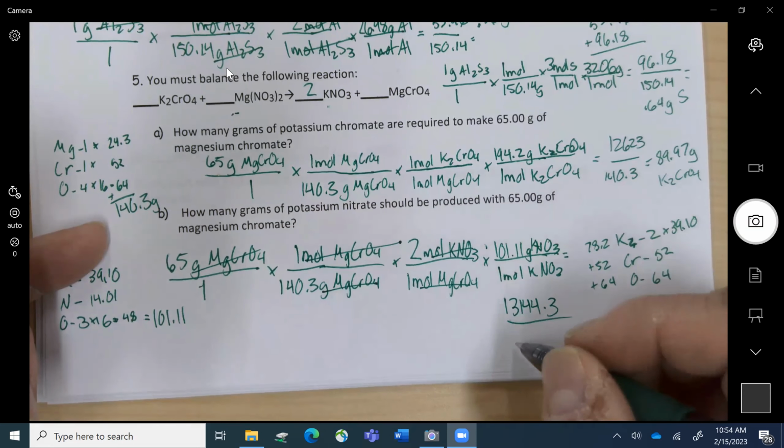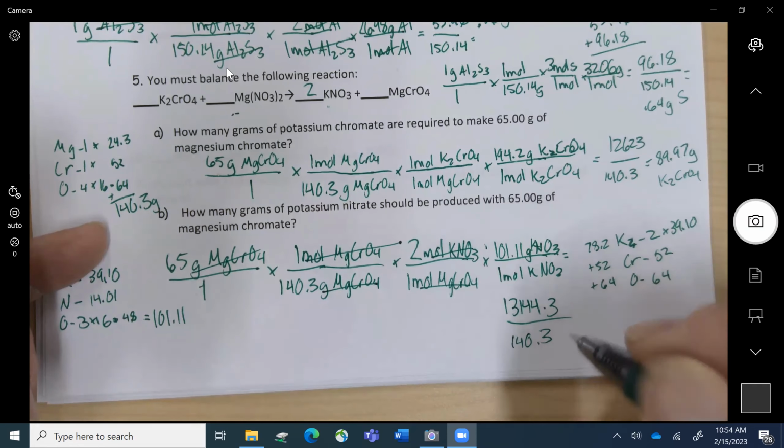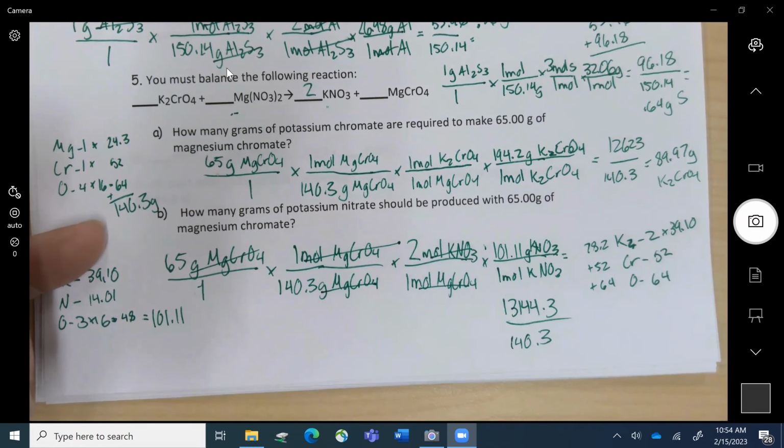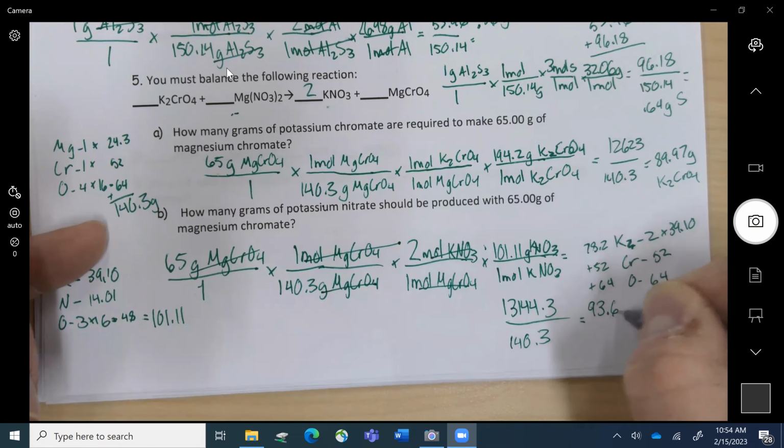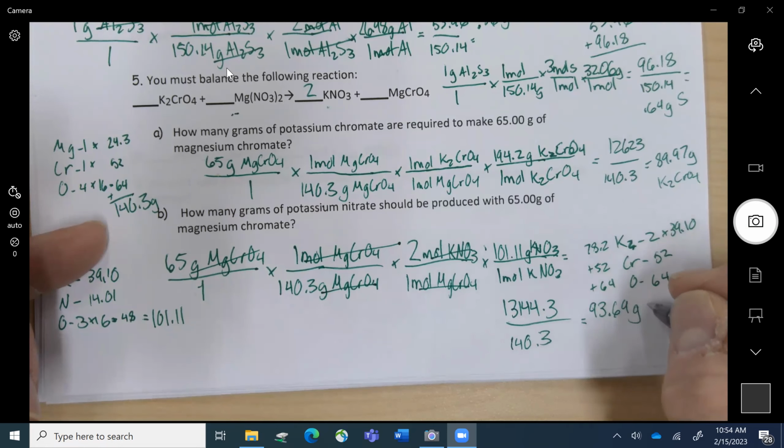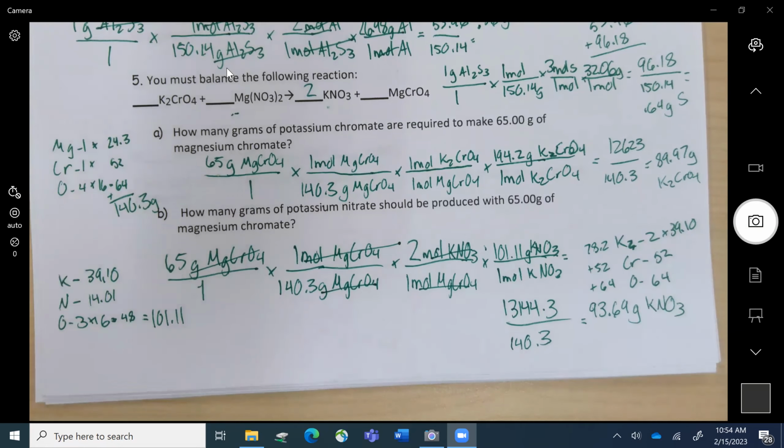And then divide that by 140.3. This is going to equal 93.69 grams of potassium nitrate were also formed.